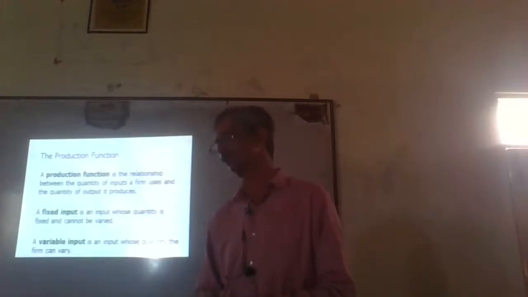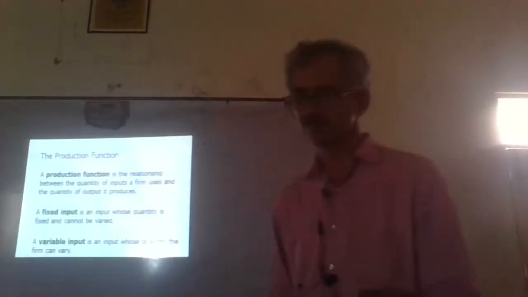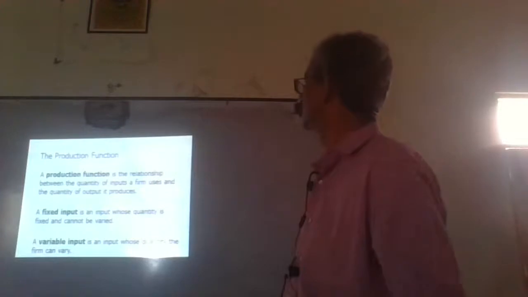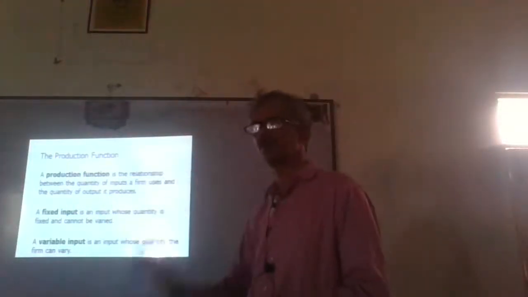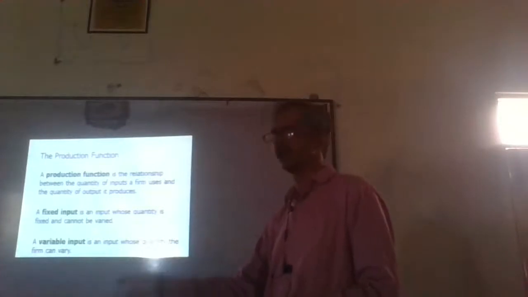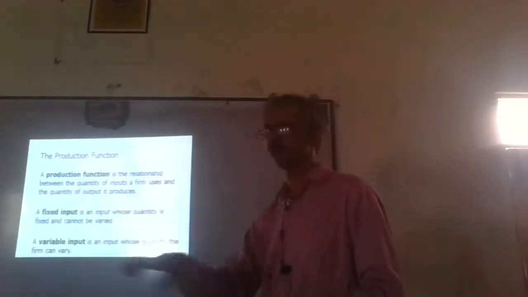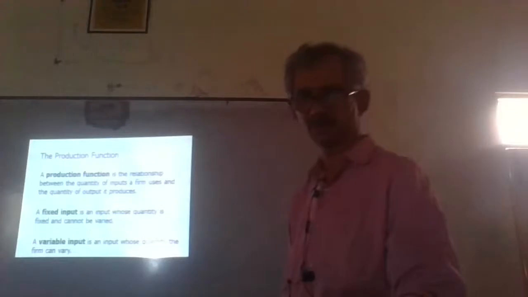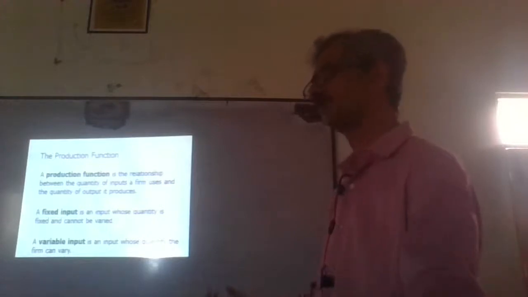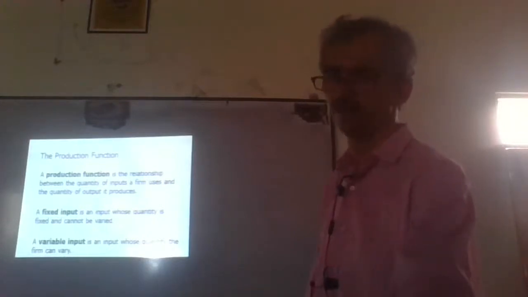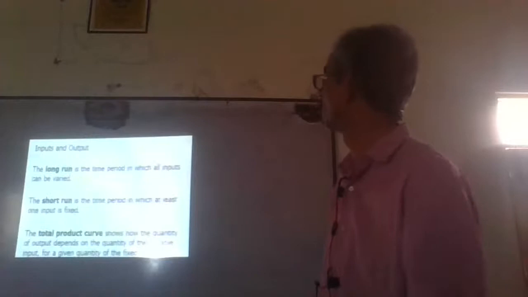Usually in the short run we use labor as a variable input. So the production function is the relationship between the quantity of output we produce and the quantity of input we use. There are two inputs: the fixed input, which does not change with the change in output, and the variable input, which changes with the changes in the output.